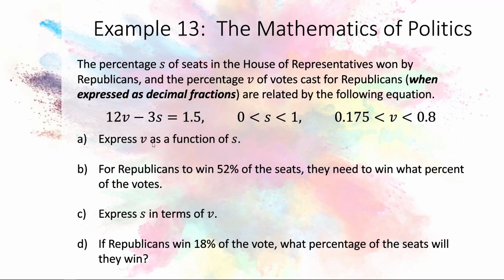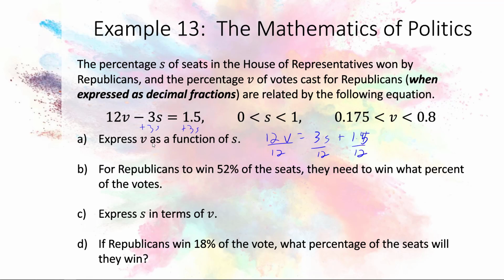Well, let's start off with this one, and what we would do is add 3S to both sides. And if we did, we will have 12V is equal to 3S plus 1.5. We can divide both sides by 12. There we go.